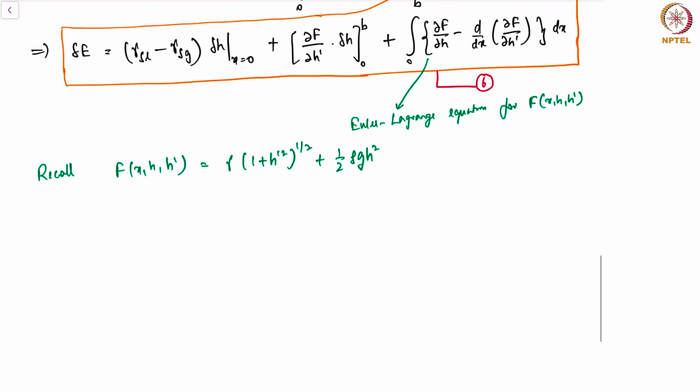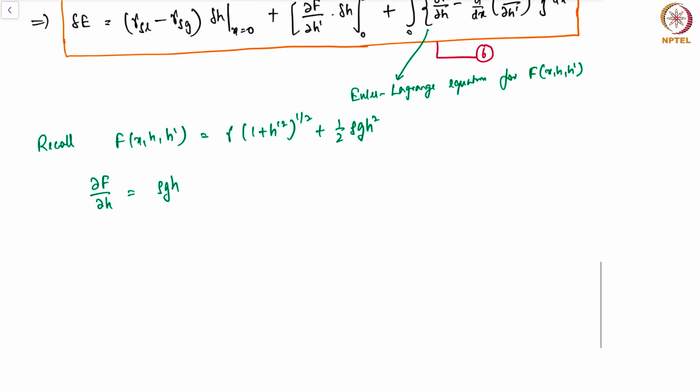Therefore, if I have to evaluate this, del f by del h will simply be rho g h, and del f by del h prime will simply be gamma times half (1 plus h prime square) whole power minus half times 2h prime.